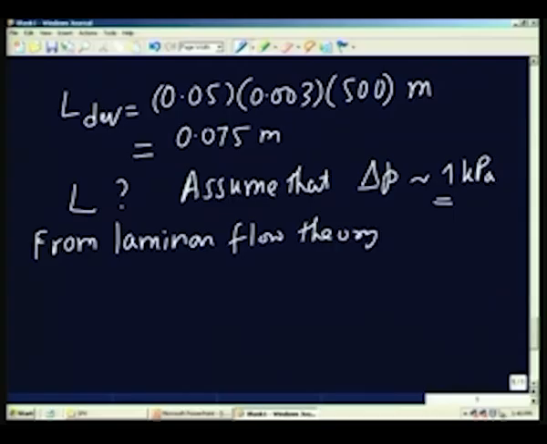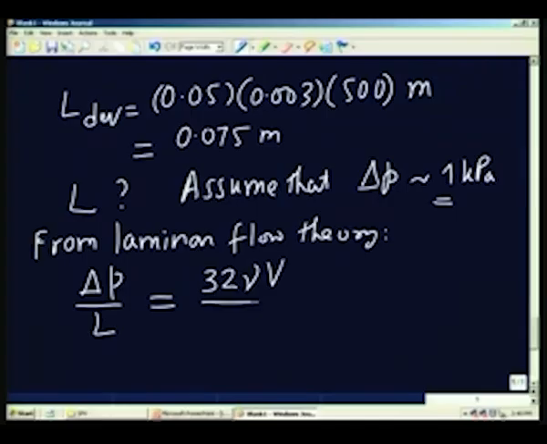All the student has to do is refer to a book on fluid mechanics, where these equations are given. We know that delta P by L, the pressure drop along a length L of the tube, is given by 32 nu V by d squared, where nu is the kinematic viscosity, V is the velocity, and d is the diameter.